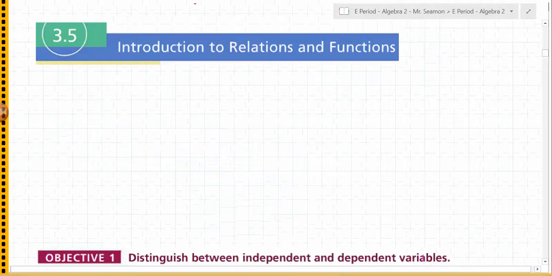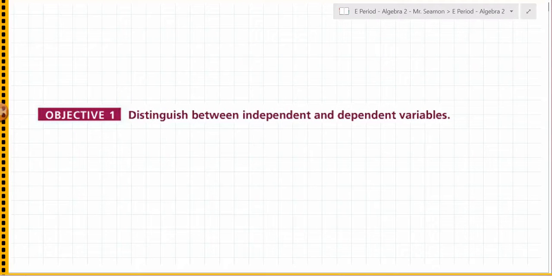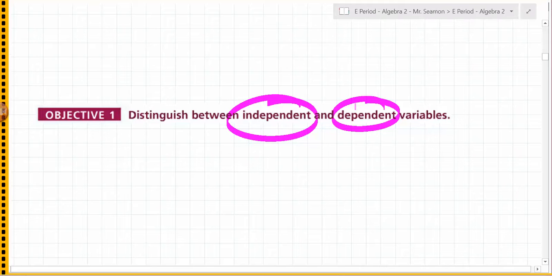And so, start off with these 2 words right here. What do you think the 2 most important words are in that objective? What's one of them? Independent. Independent, yeah. What's the other one? Dependent, right. How many people have seen these words in math before? Psychology, too. Physics.